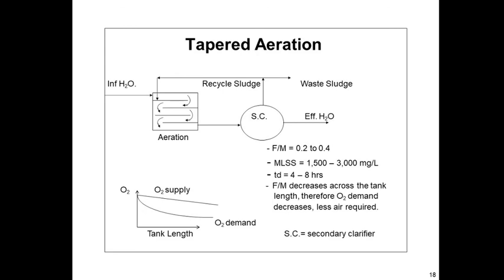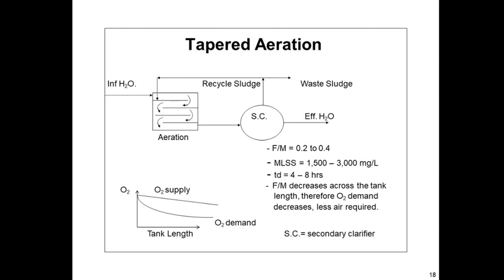In the aeration tank, as the mixed liquor progresses, its requirement for oxygen goes on decreasing. Therefore, in this method, oxygen is supplied at a higher rate at the inlet and gradually decreases as sewage moves towards the outlet end of the tank.